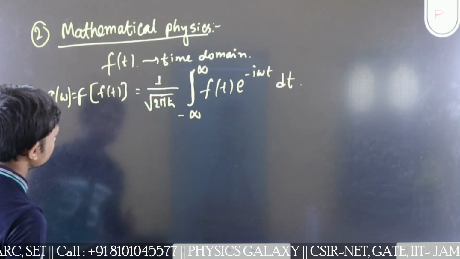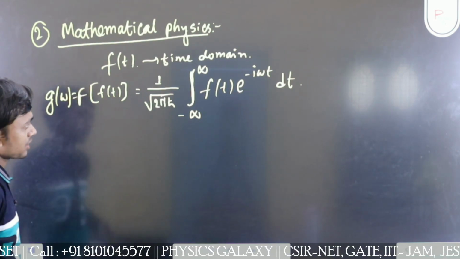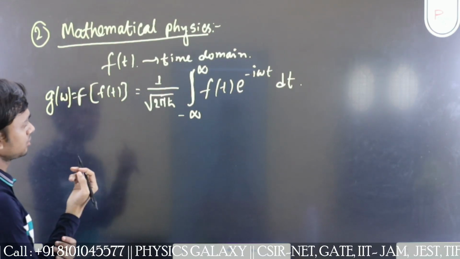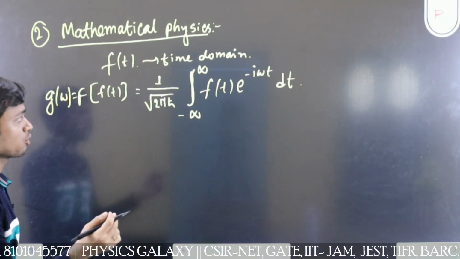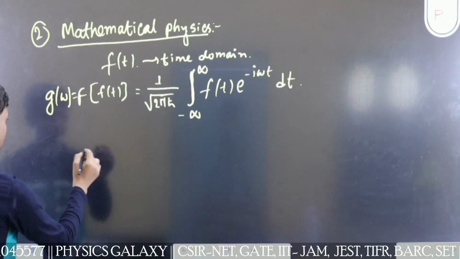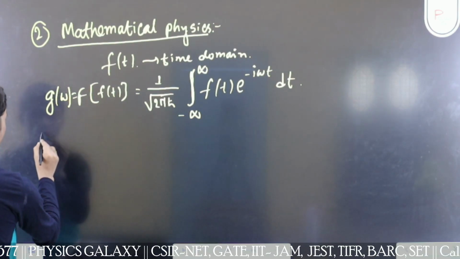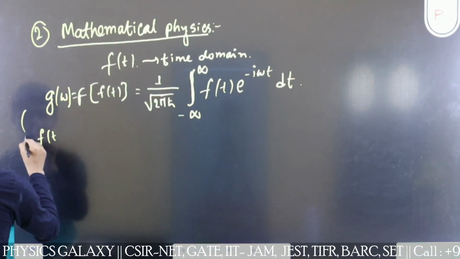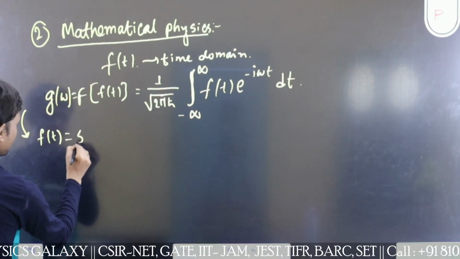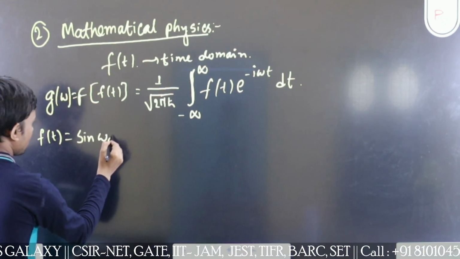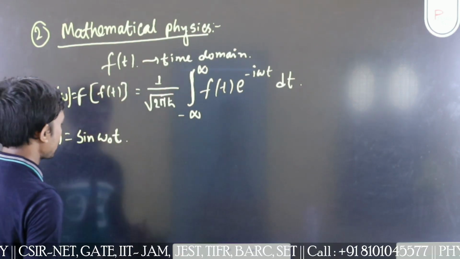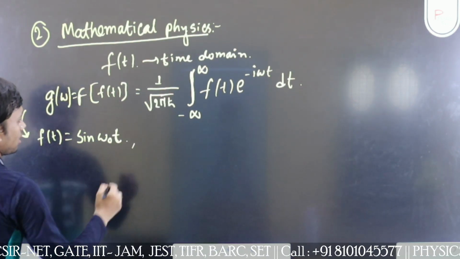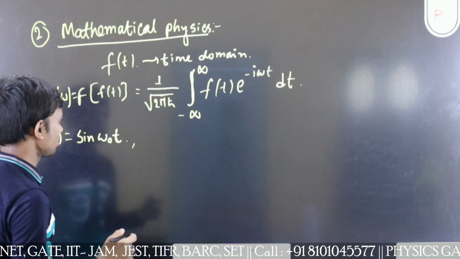The professor asked me, what is the Fourier transform of sine omega naught t? Here f of t is sine omega naught t, where omega naught is a constant, the angular frequency. They asked me to write down the Fourier transform.